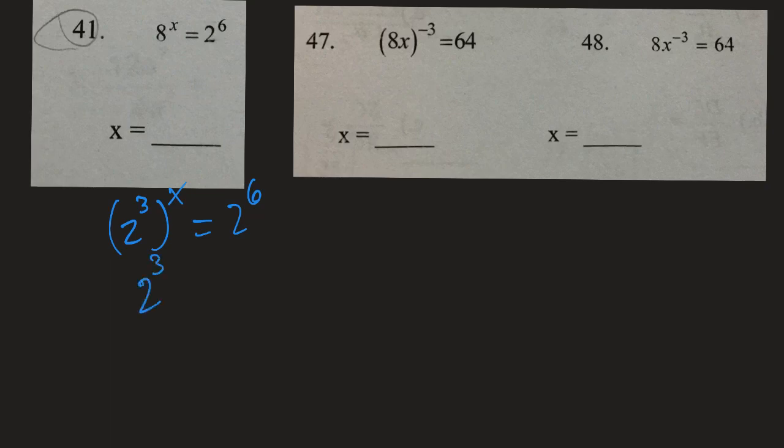I get 2 to the power of 3x is equal to 2 to the power of 6. So now we have both sides in the same form of 2 to the power of something. Our exponents are the only thing that's changing, so that's the only thing we'll focus on. We're going to have 3x equal to 6. Well, 3x is equal to 6 means that our x is equal to 2.